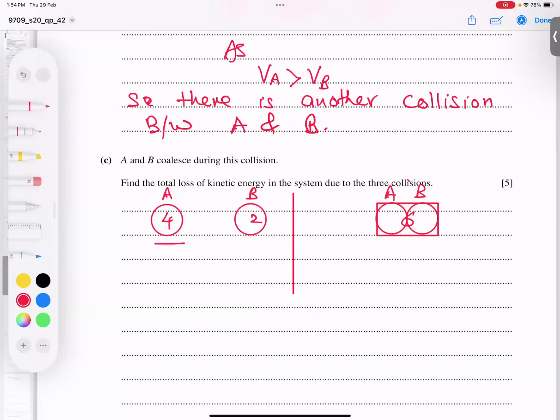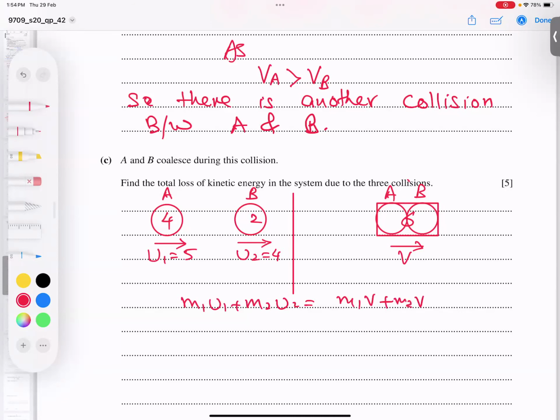Speed of this is what? We know it is 5, and this speed is 4. And this speed we need to find ultimately. So the formula is m1u1 plus m2u2 is equal to m1v plus m2v.